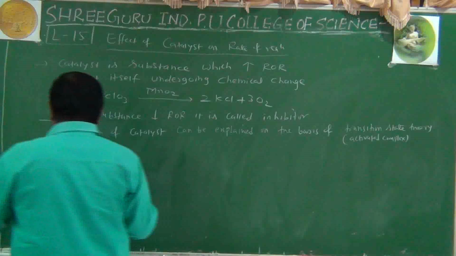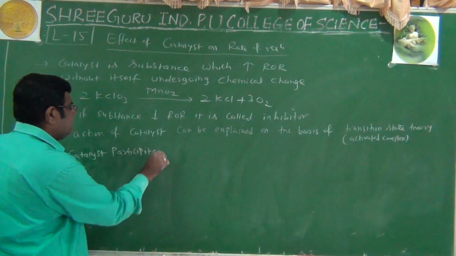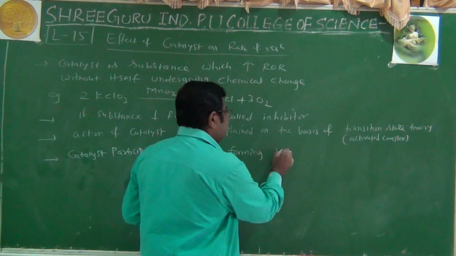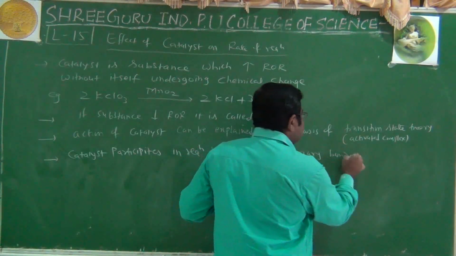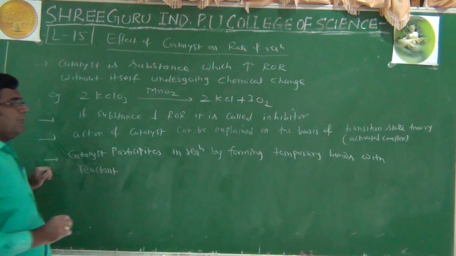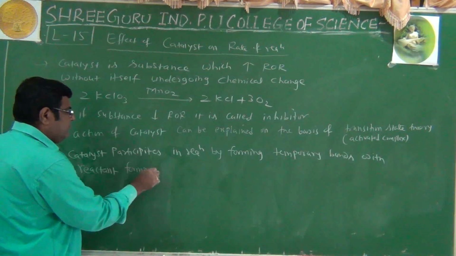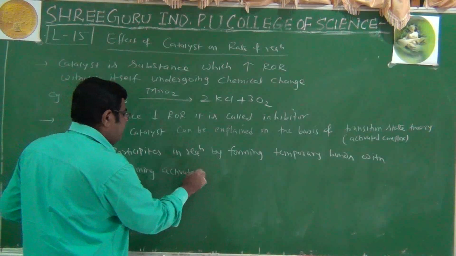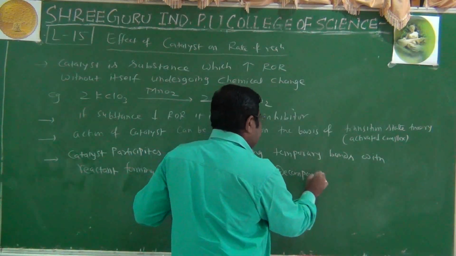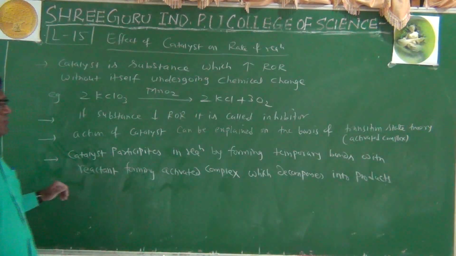According to this theory, catalyst participates in reaction by forming temporary bonds with reactant, forming an activated complex which decomposes into products. That activated complex decomposes into the product.